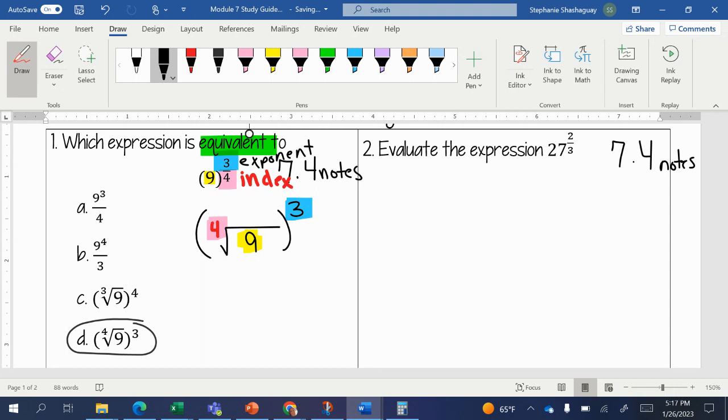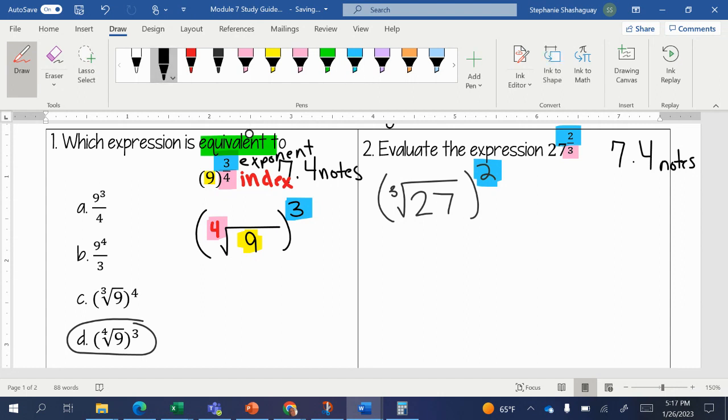We can either rewrite this as a radical and then simplify it, remembering that this here is our index and this here is our exponent. So what that would look like is the cube root of 27 all squared. Okay, so I'm going to look for a cube root of 27.